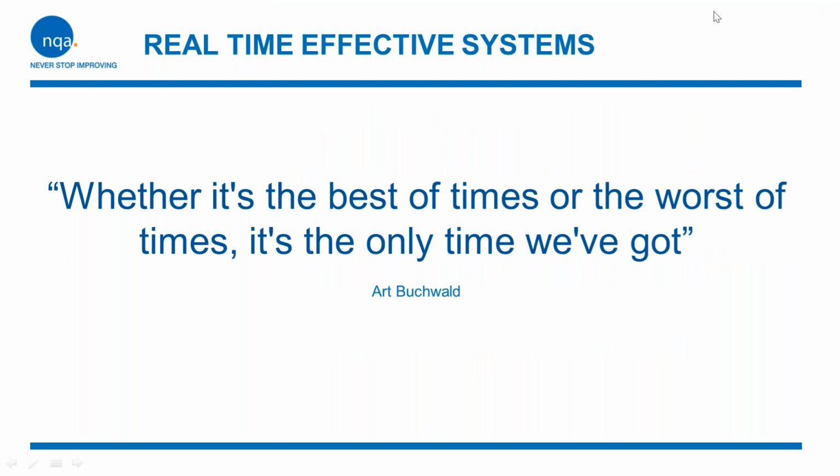So, real-time effective systems, whether it's the best of times or the worst of times, it's the only time we've got. So everybody, I think, is still in a little bit of a state of change at the moment. Doesn't look like the dreaded COVID is going away anytime soon.